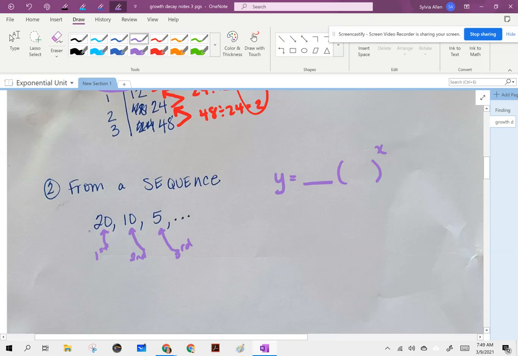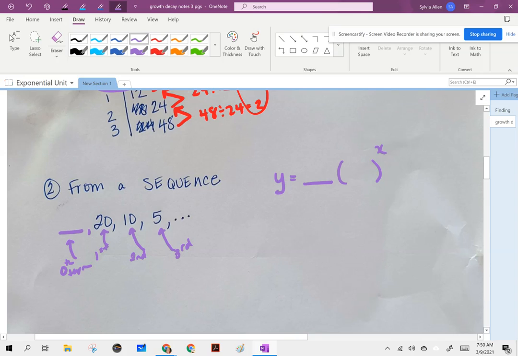So we would have to go backwards to find out what would be the 0 term. So in order to find the A value, we would have to go back a term on that. But that's not too difficult.